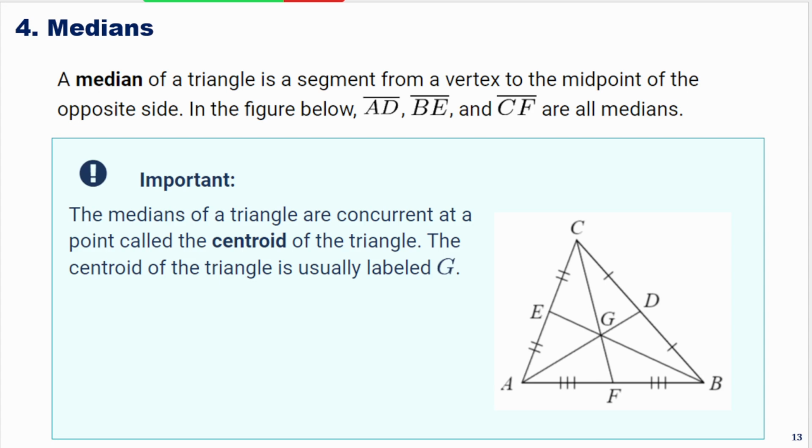We can easily see that the area of triangle BGD, which is here, equals the area of triangle CGD, because these triangles have the same altitude from G to equal bases BD and CD, right?